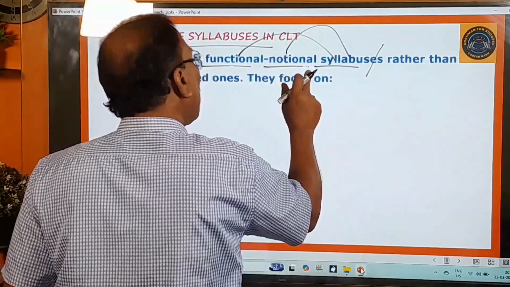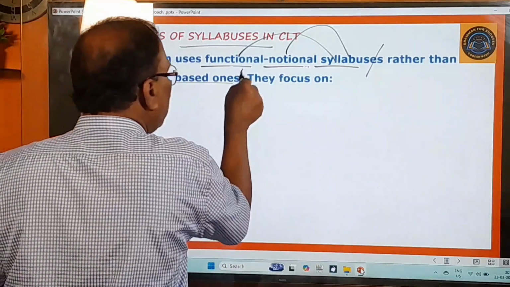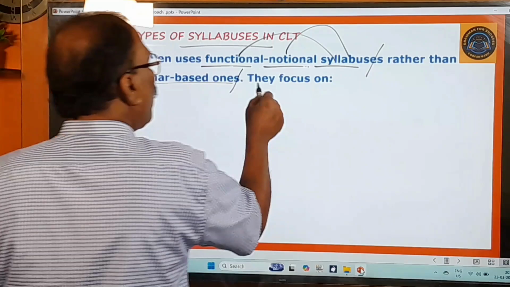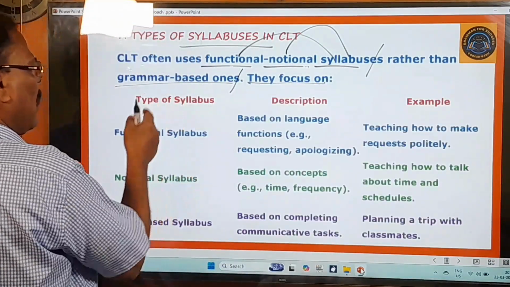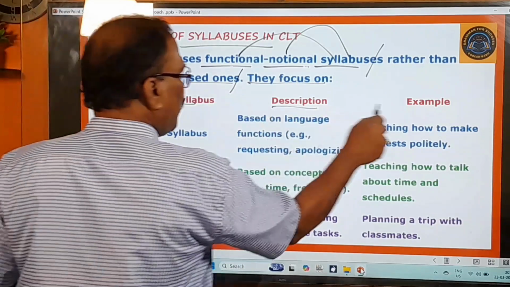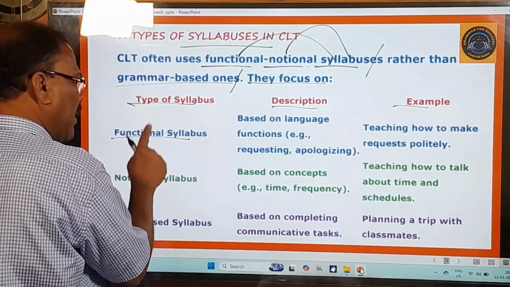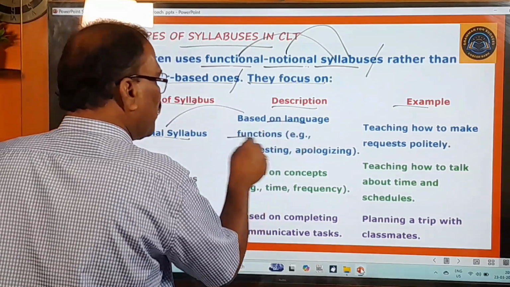These 2 syllabuses are followed in the CLT classroom rather than grammar based ones. Instead of grammar based syllabuses, what do they focus on? Here some chart is given. Please look at this type of syllabus, description and example. So here functional syllabus is there. Functional means practical syllabus. What does it do? It deals with language functions.